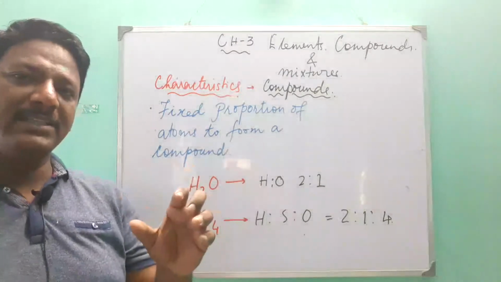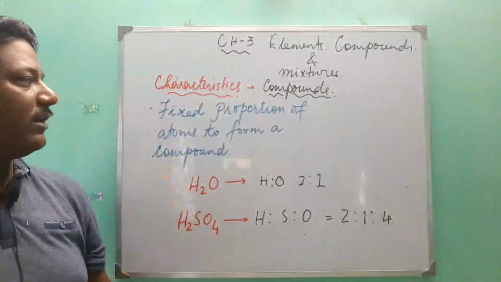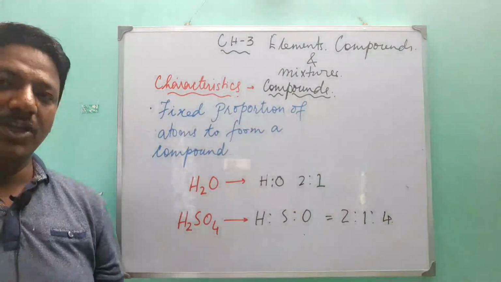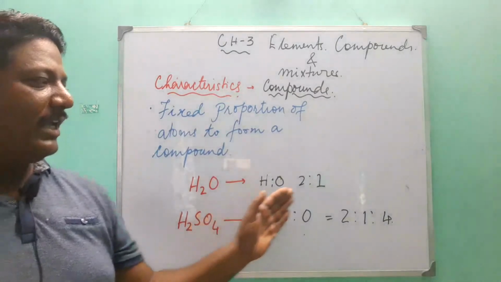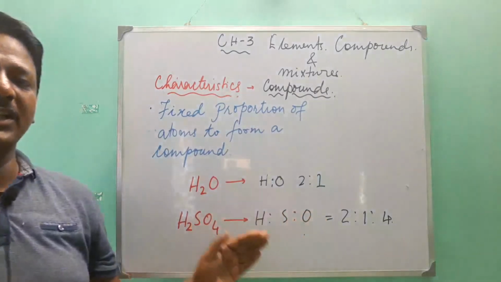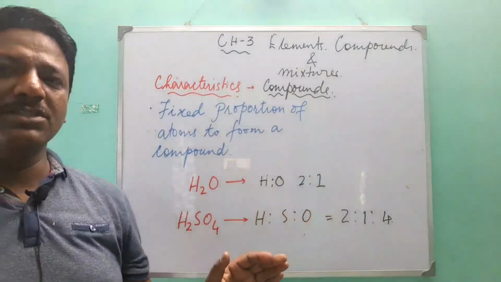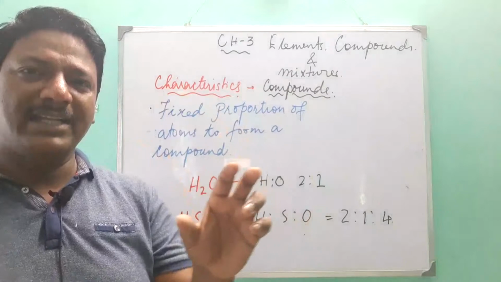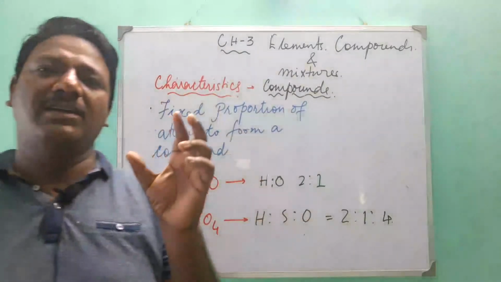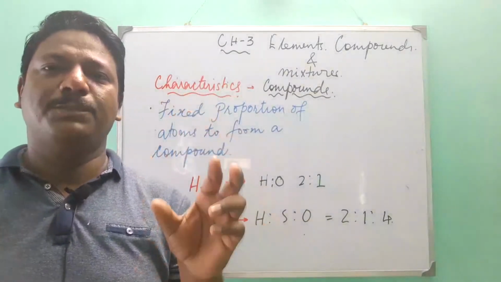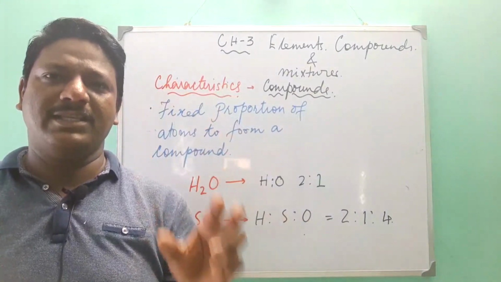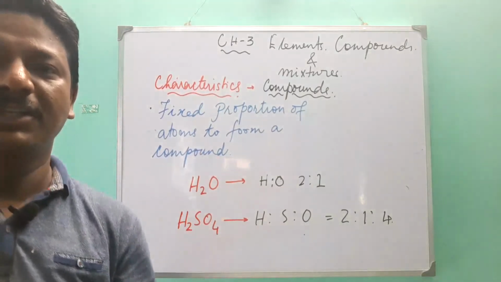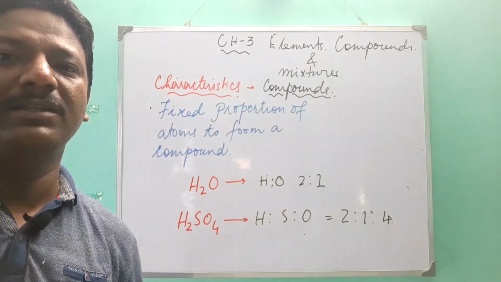Take any example of any compound, and you will notice that the combining atoms are always in a fixed proportion, or you can say a fixed ratio. Is that clear?